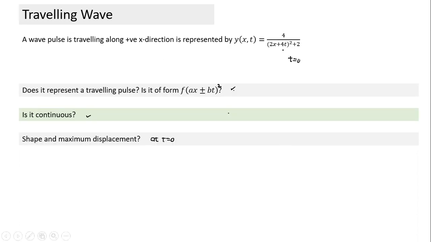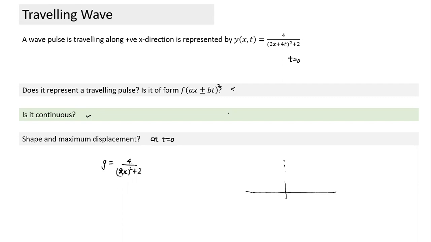What does the shape of the wave look like here? At t equal to 0, y is equal to 4 by 2x square plus 2.